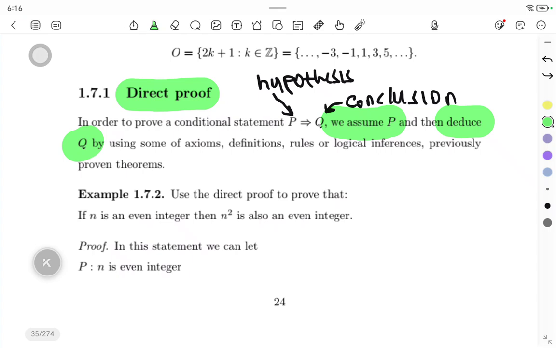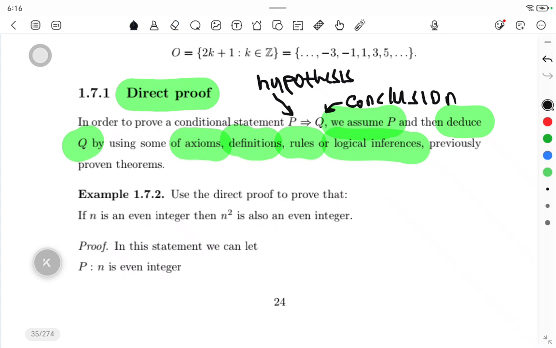And they say we're going to be doing this by using some idioms, definitions, rules, or logical inferences, previously proven theorems. When we talk about logical inferences, we're talking about logic laws. We saw in this chapter we have what we call logic laws, which, when time permits, we can look at.